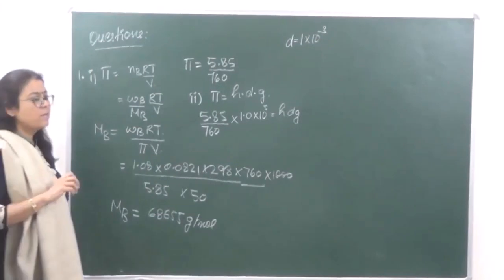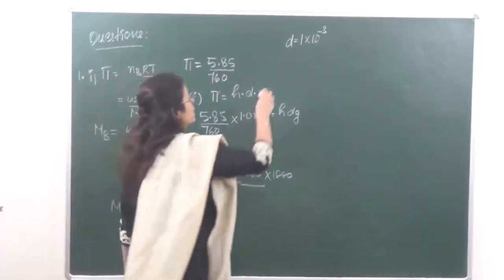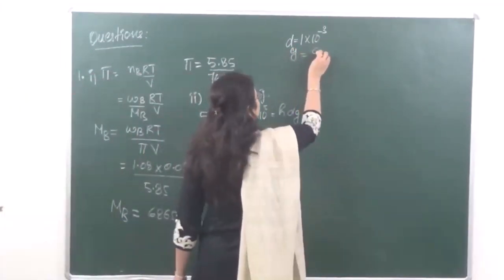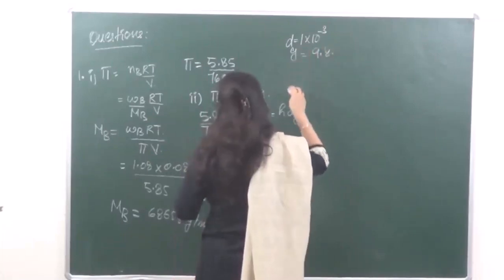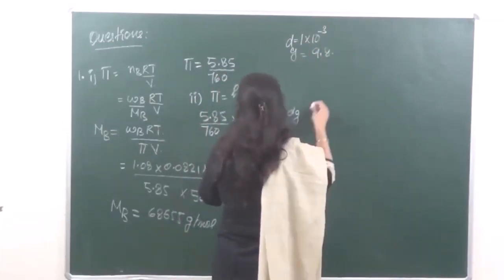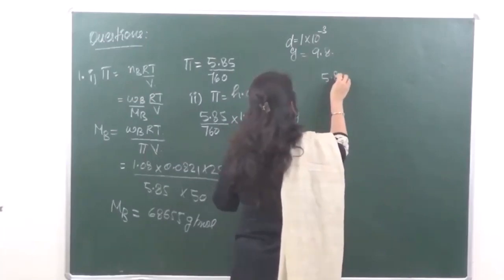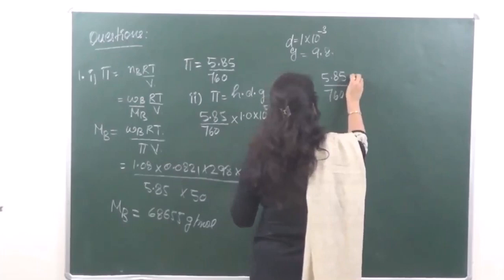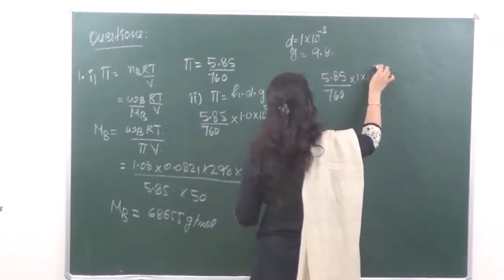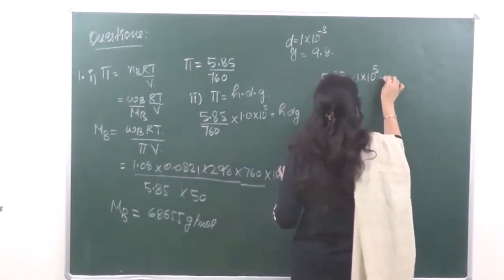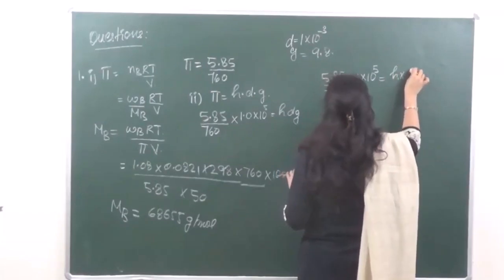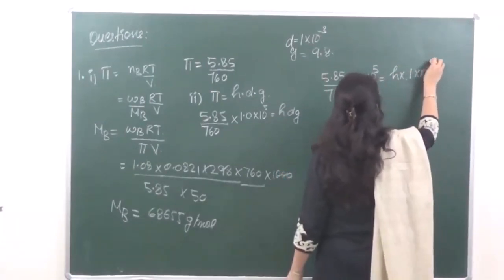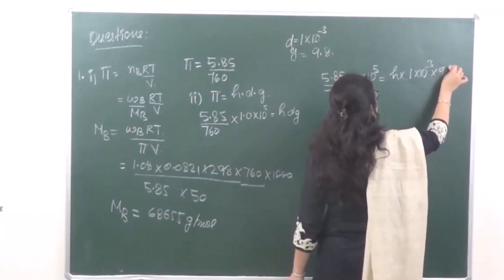It is 9.8, so g is equal to 9.8. Let's put the values over here. We have 5.85 upon 760 into 1 into 10 raised to power 5 is equal to h into 1 into 10 raised to power minus 3 into 9.8.